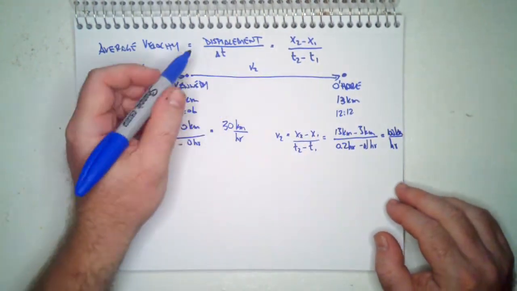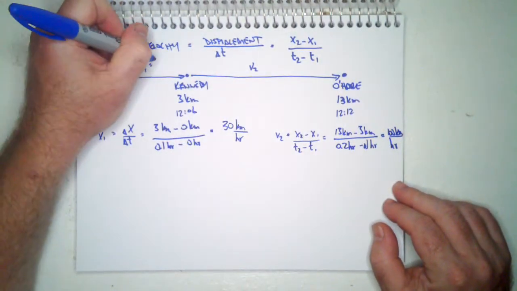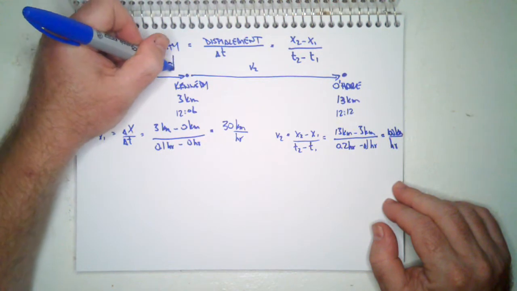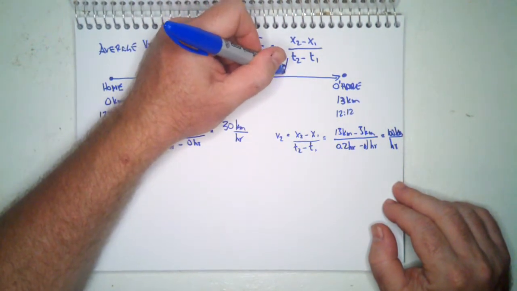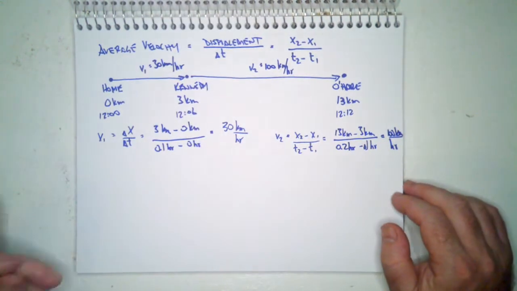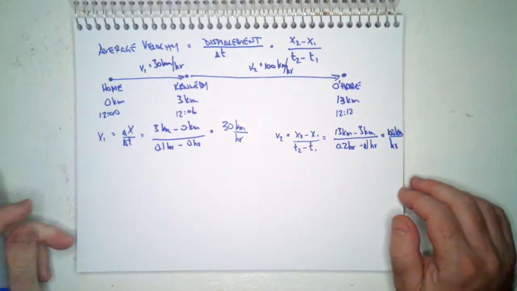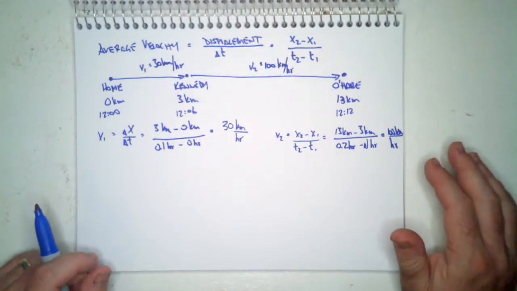So this equals 30, and this equals 100 kilometers per hour.